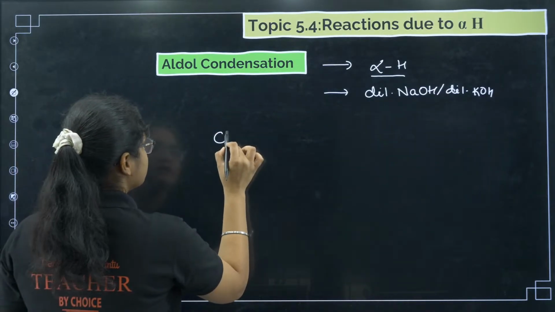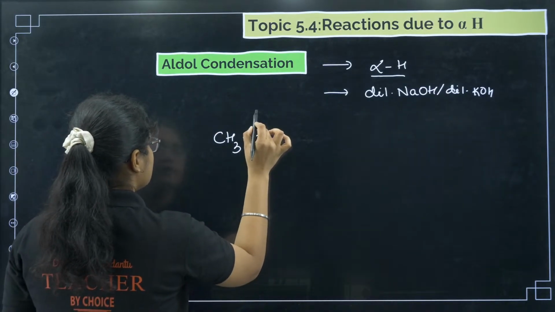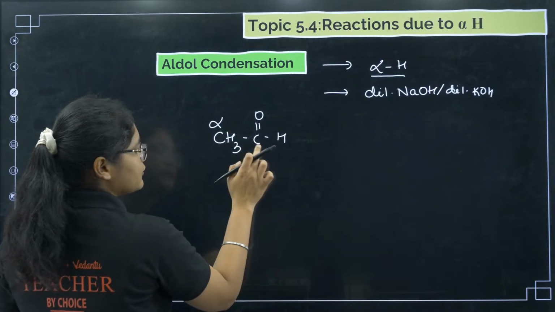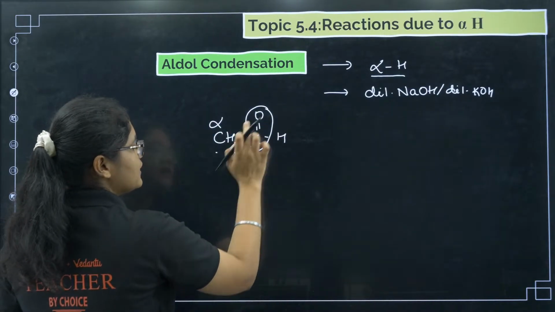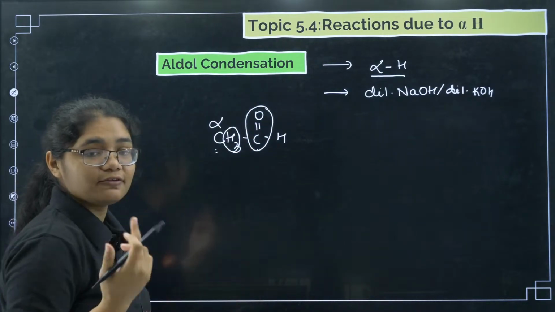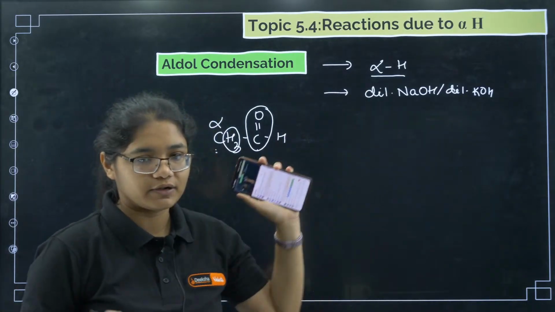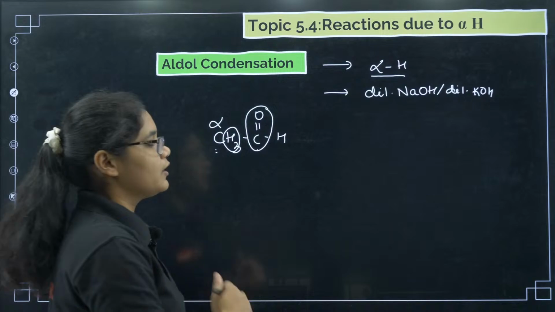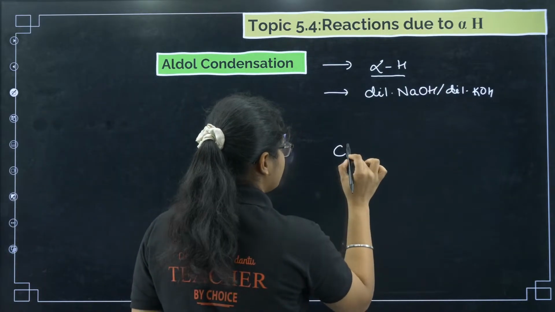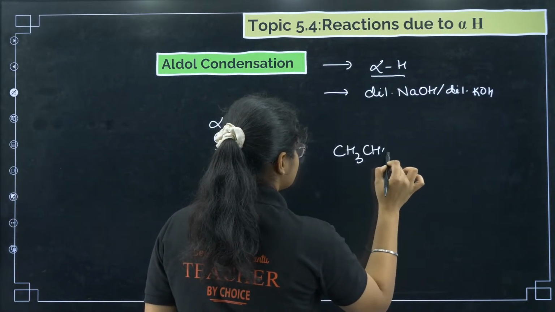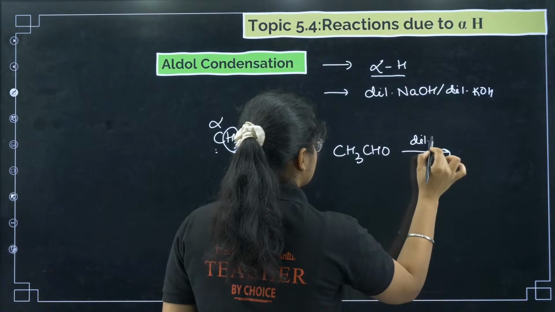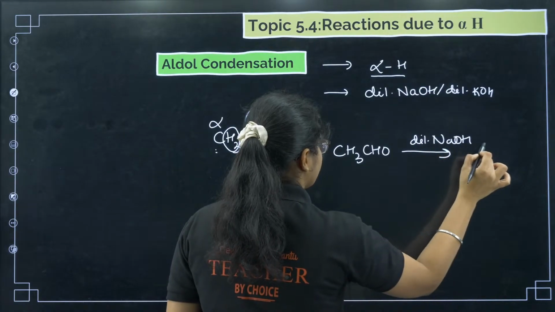For example, this is there. This is your alpha carbon, the carbon next to the CO group. Now if this carbon has hydrogen, then it will undergo aldol condensation. Now how do we write the product of aldol condensation? Suppose I tell you CH3CHO is reacting with dilute NaOH, write the product.